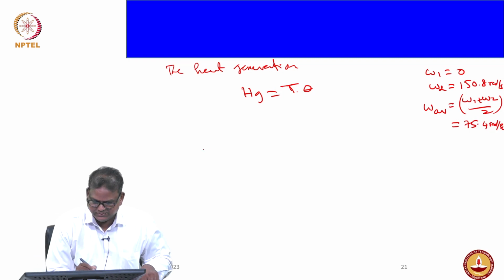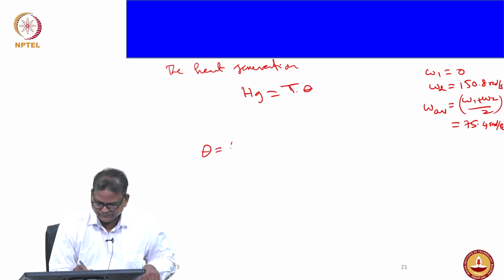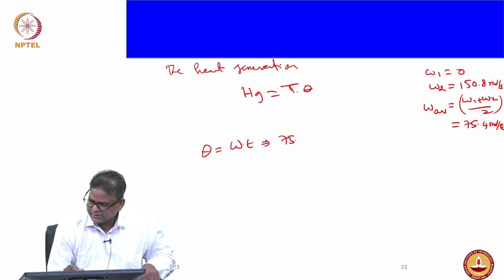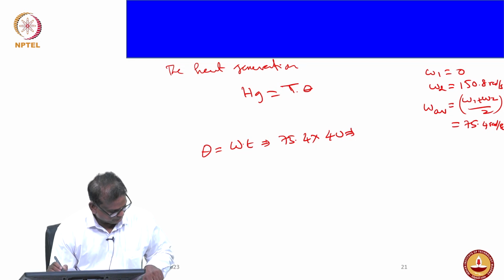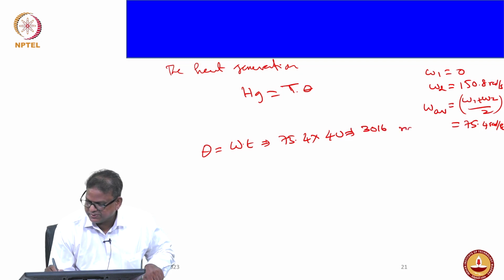Theta is nothing but omega into t, 75.4 into 40, so theta is 3016 radians.